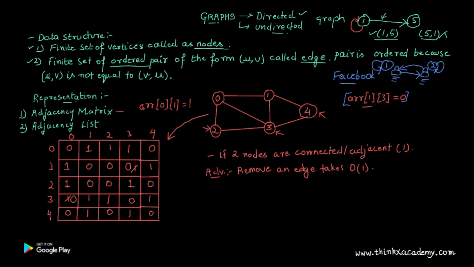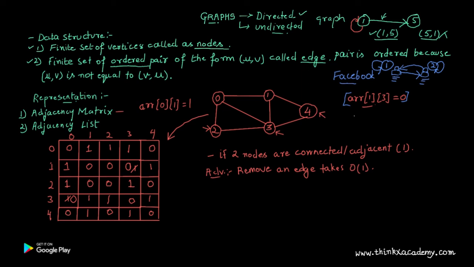So Facebook uses graph data structure, and a lot of companies also use graph data structures, since you can draw the relationship between 2 or more nodes using the edges.